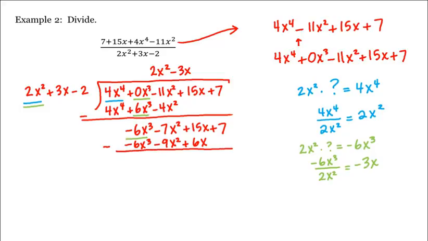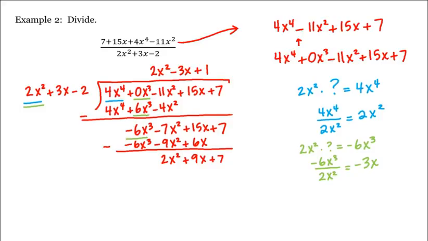Negative 6x cubed minus a minus 6x cubed is 0. And then negative 7x squared minus a minus 9x squared is positive 2x squared. And then 15x minus 6x is positive 9x. And then we still have the plus 7. All right, 2x squared goes into 2x squared one time. So that would be the last term in our quotient here.